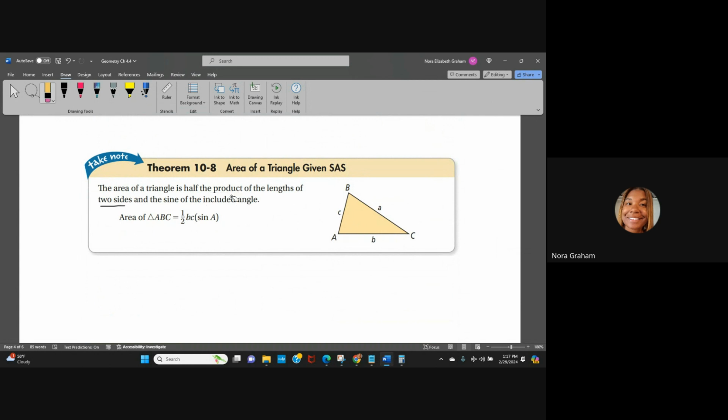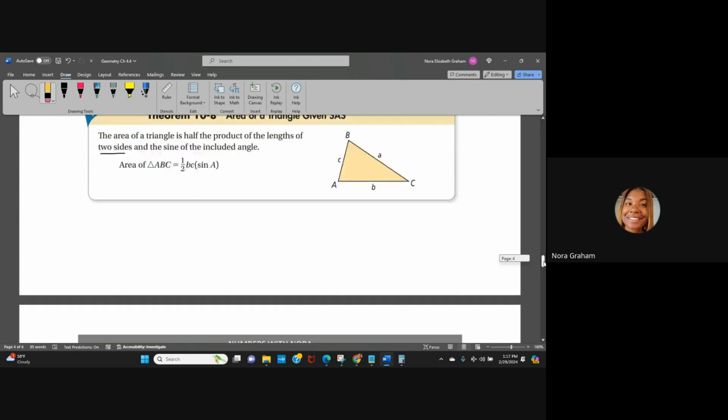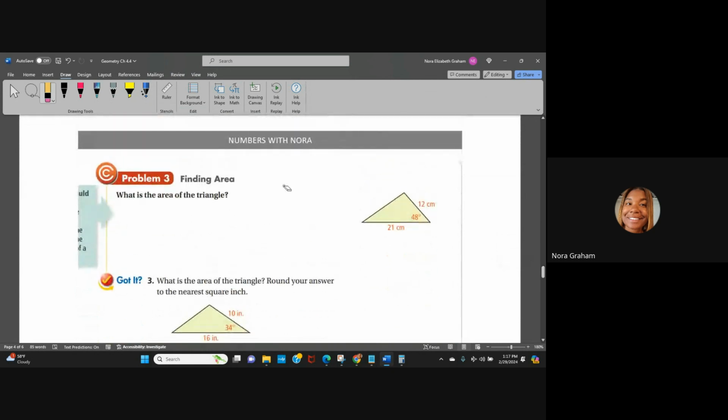So let's look at an example of that. That one's right here. What is the area of the triangle? Again, since we're going to use theorem 10-8, which is up there, I can find the area of this by doing 1/2.